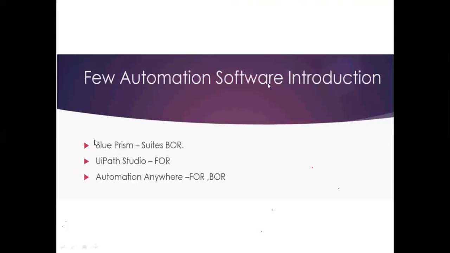By using these tools, your client is going to automate their business applications, right? So it's up to the client what tool they want to use, based on the cost, the license or support, or the work they mainly have. Automation Anywhere is a major tool which supports front office robots and back office robots. So some clients will use Automation Anywhere for both purposes.